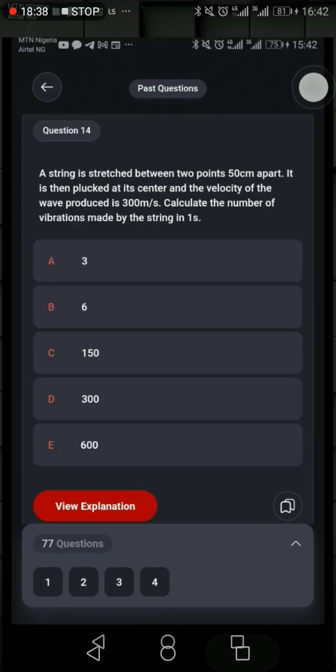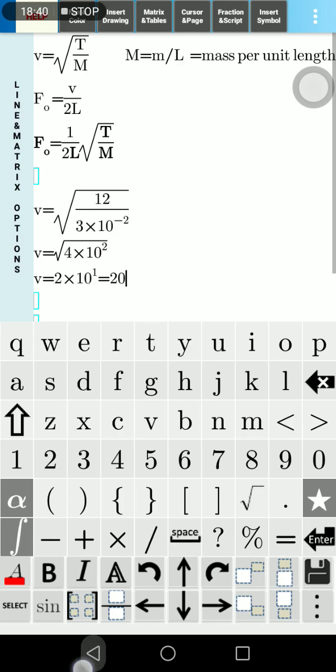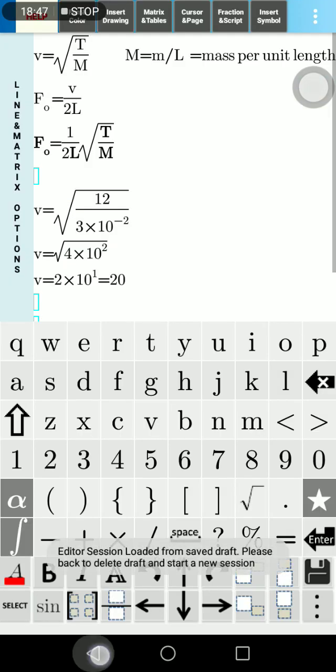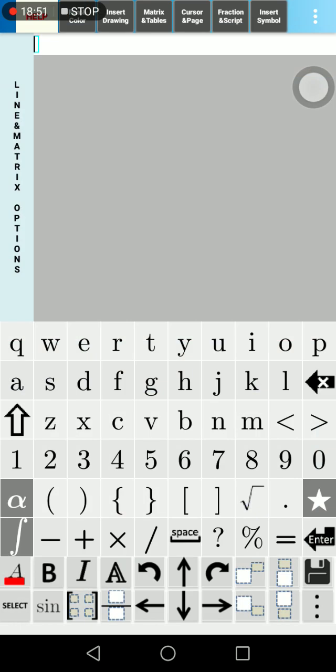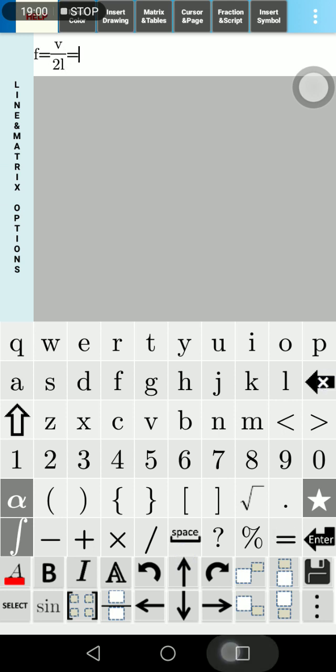So we solve. Alright, F equal to V over 2L. So V in this case they gave us as, is it 300?